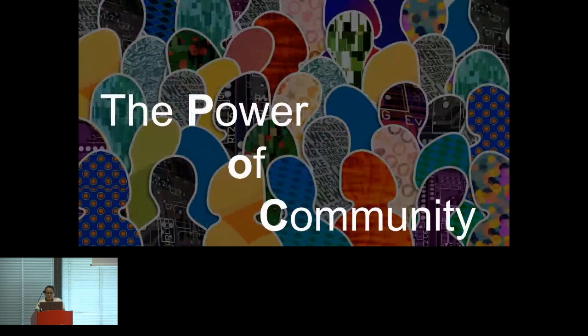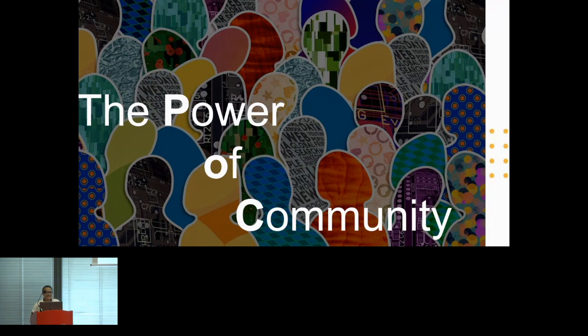But these communities don't just spur or grow out of nowhere. Designing them and having the right environment and the right space to encourage equitable participation takes a lot of deliberate effort. So this brings us to the how of things.